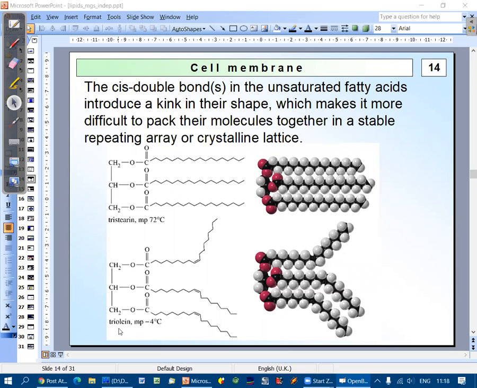And triolein with the residues of oleic acid has a kink that does not allow the tail to be packed tightly. That's why such lipids, first of all, will be liquid, and it will be oil, and this one will be fat.